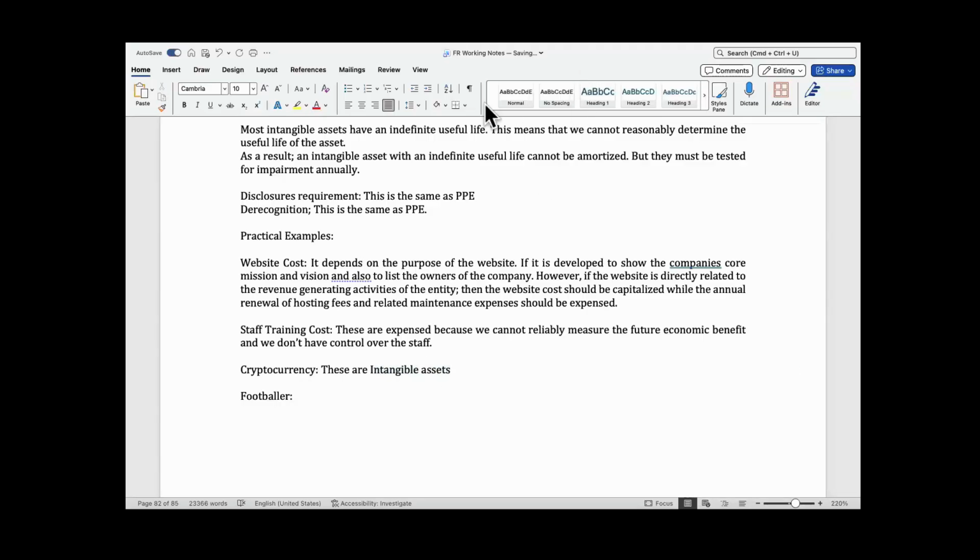Now, footballers. Most of us know these guys. For those that are football enthusiasts, you know how much money all these clubs pay to acquire these footballers. So can we categorize this as an intangible asset?